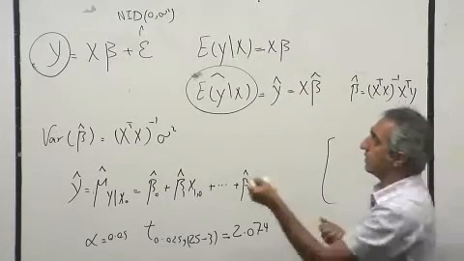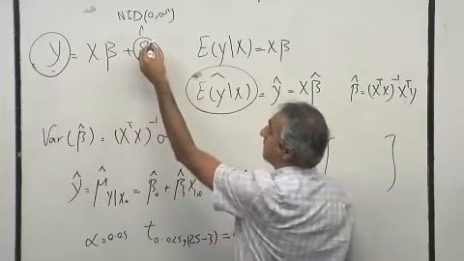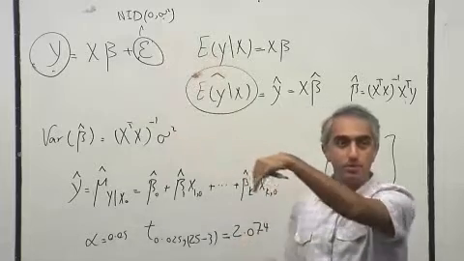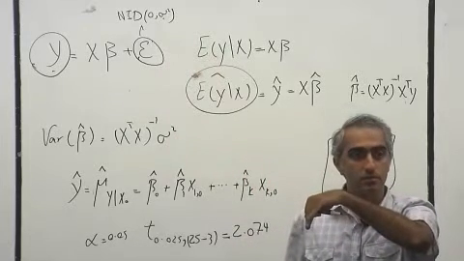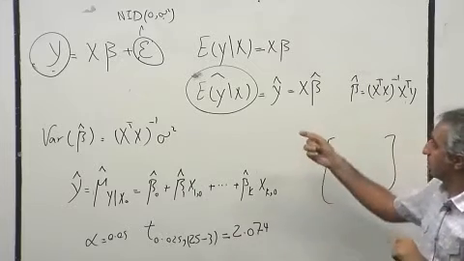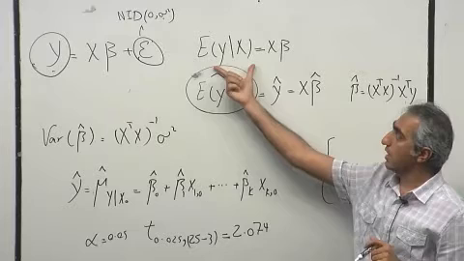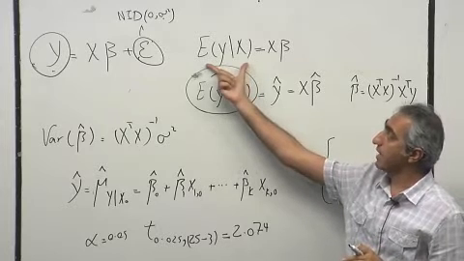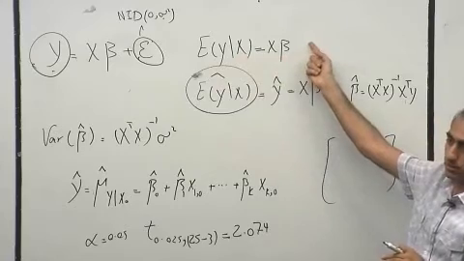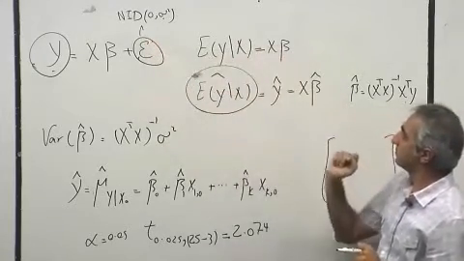Okay? Here, you are doing it on y. Y has an error term, and the variance of that error term is sigma squared. So you add that sigma squared to your confidence interval. Okay? Does it make sense? Again, for the confidence interval, you are trying to have the confidence interval on the expected value or conditional expected value, which doesn't have any epsilon because the mean of epsilon is 0.